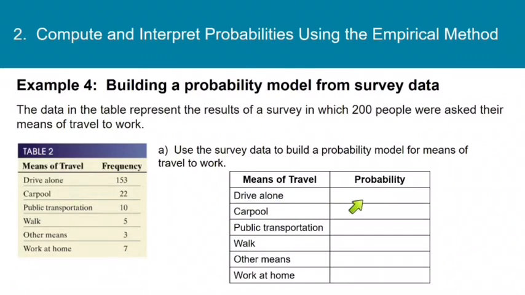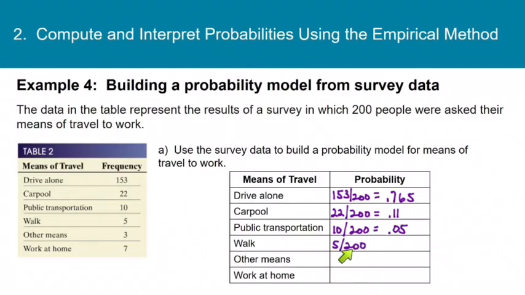To determine the probability for each mode of travel, what we'll do is take the frequency and divide by 200. Driving alone has a probability of 153 out of 200, so that's equal to 0.765. Carpooling is 22 out of 200, so 0.11. Public transportation is 10 out of 200, so 0.05.